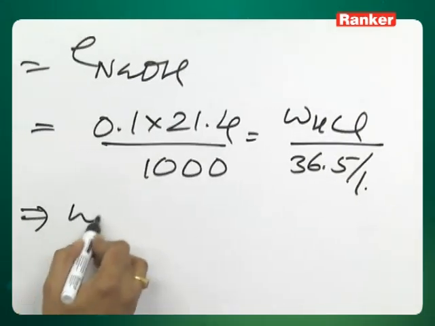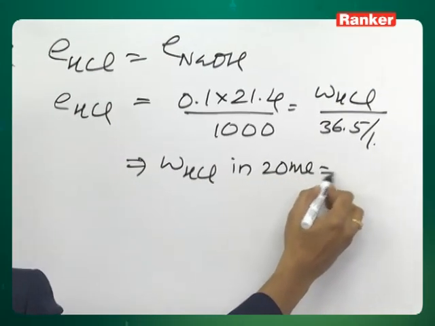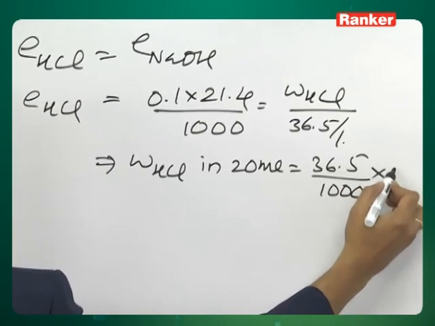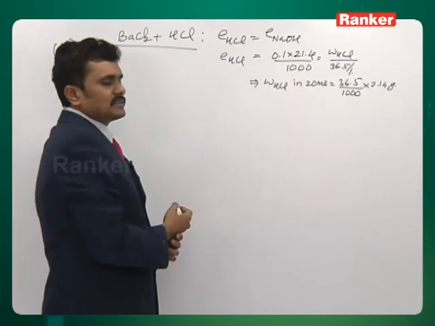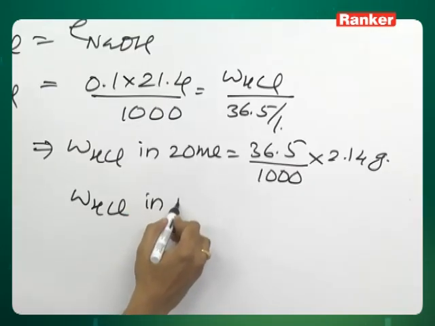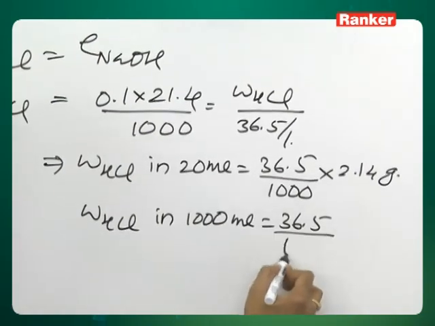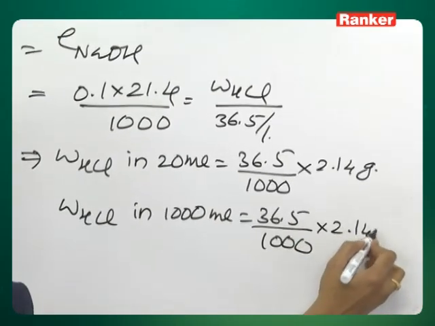So the weight of HCl in 20 ml is this many grams. Now if these are the equivalents present in 20 ml, you can find out the weight of HCl in 1 liter by multiplying with 1000 by 20, that is 50.